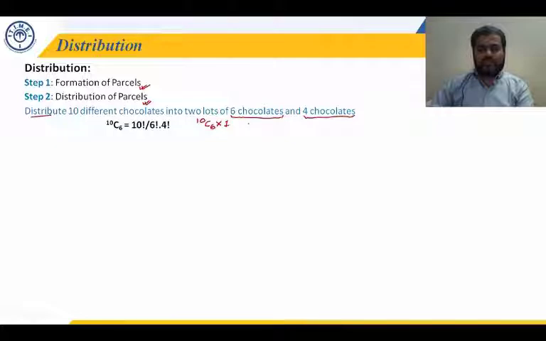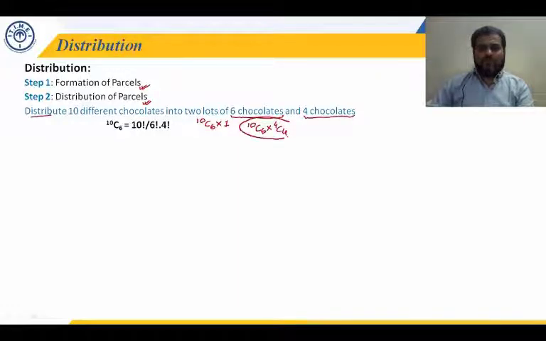Or you can understand it this way: first select 6 chocolates out of 10, then out of the 4 left, select all 4 to form the second parcel. 4C4 is nothing but 1. That is why, once you select 6 chocolates, the remaining 4 automatically become another lot. Fine.